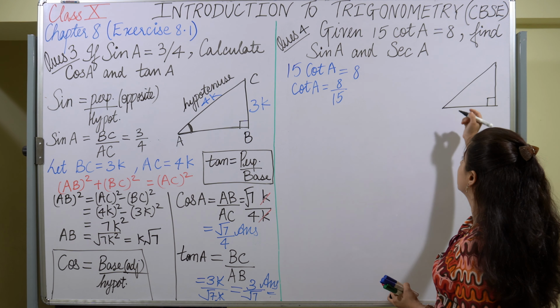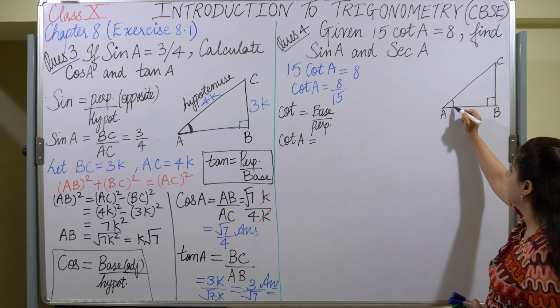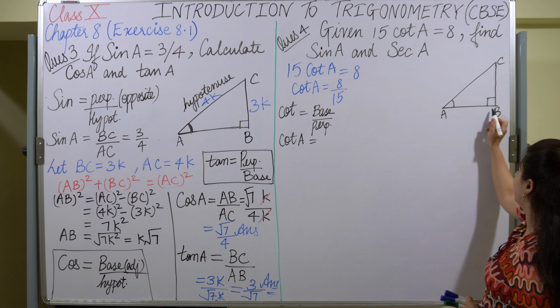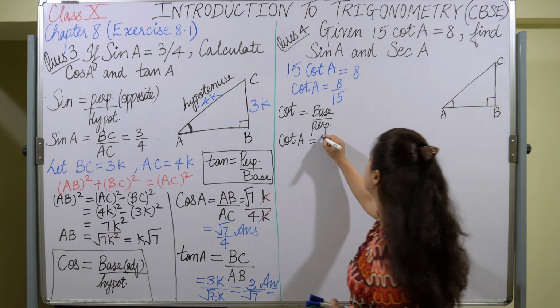So cot will always be equal to base upon perpendicular. So cot A will be equal to, this is my angle A, base will be AB, and perpendicular will be BC. For angle A, base will be AB and perpendicular will be BC.